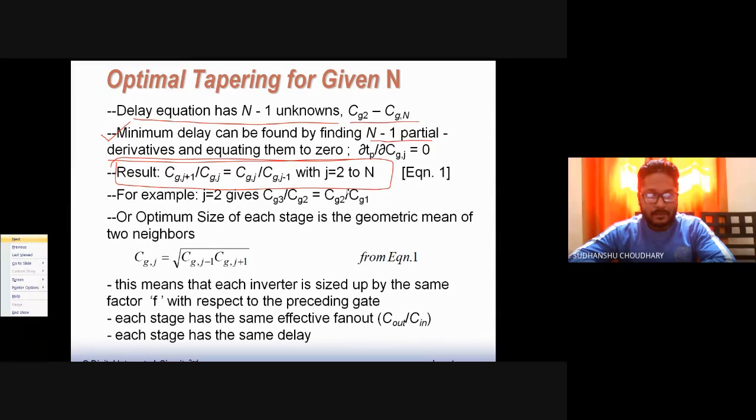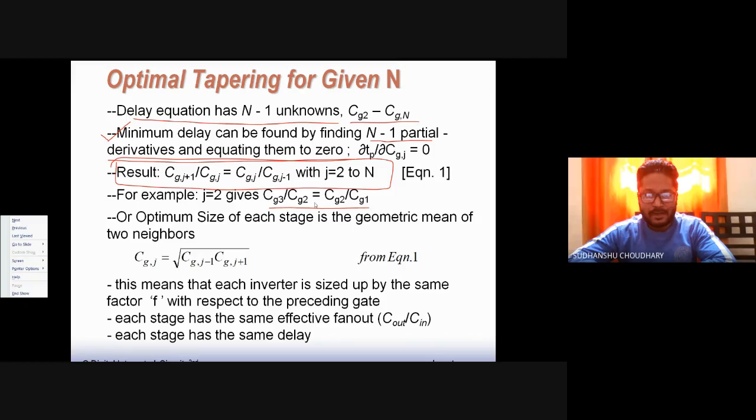So from here itself, if we try to find CG2, CG2 will be equal to the square root of CG1 and CG3, from this equation. In fact, this can be generalized by saying CGJ is equal to the square root of CGJ minus 1 multiplied by CGJ plus 1.